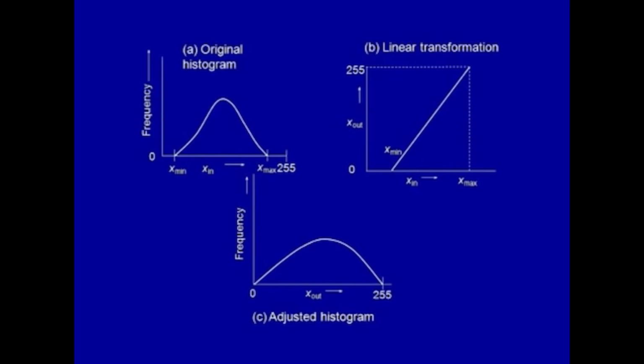So, we have to now identify a mapping function. In this particular case, the mapping function would be a linear one between the values of x_min and x_max projected between the range of the brightness scale adopted, that is between 0 to 255.